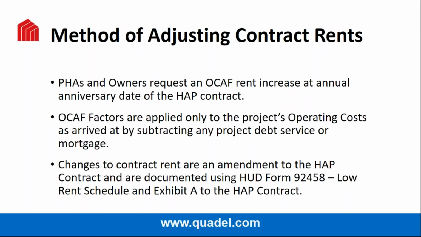These are issues that tend to delay our review and approval process, and HUD's approval process as well, and they often result in the rent increase process not being finalized prior to the HAP anniversary date. So keep that in mind, that late or incomplete submissions have also resulted in a temporary loss or a stop of subsidy flow to the project, which is not good.